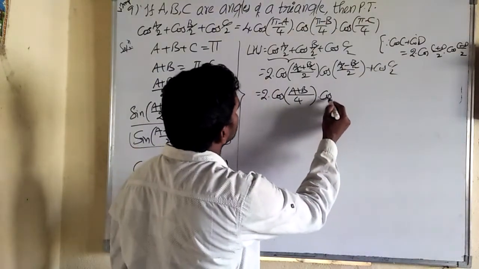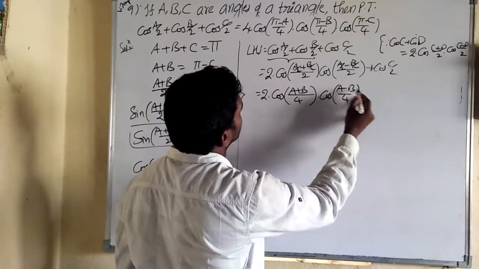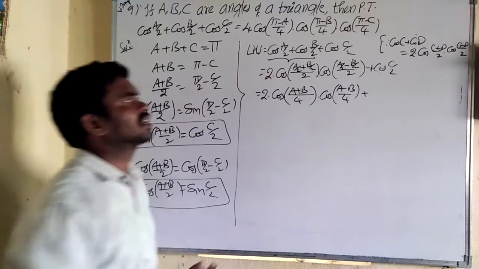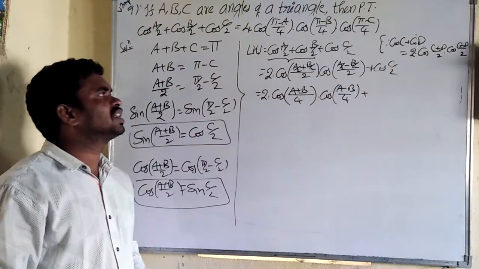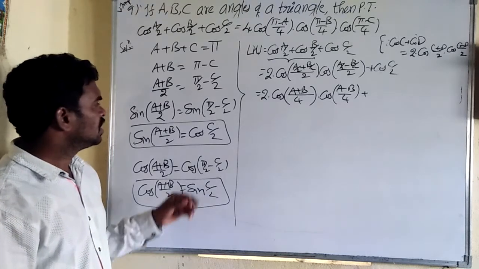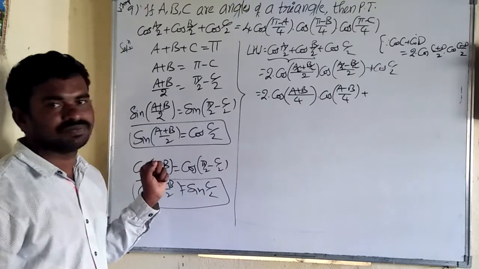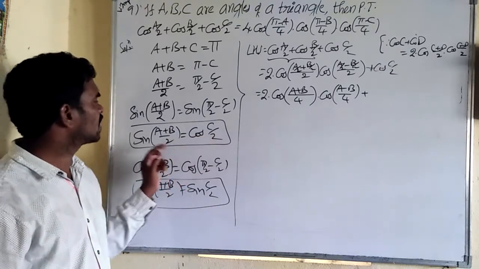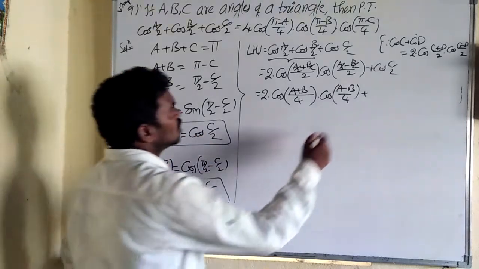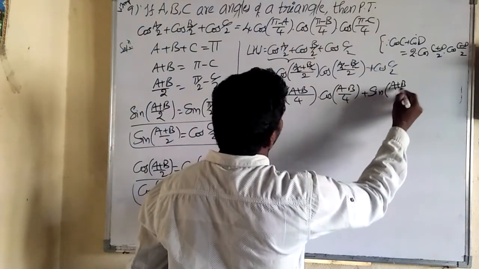Into cos, here also (a-b)/4 we get, plus cos c/2 is there. Instead of cos c/2, what can we write? Instead of cos c/2, we can write sin of (a+b)/2. So I am applying sin of (a+b)/2.